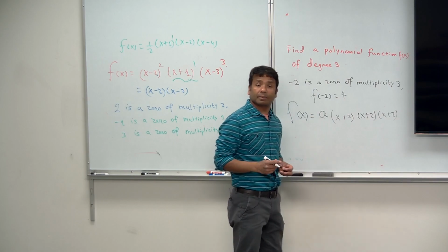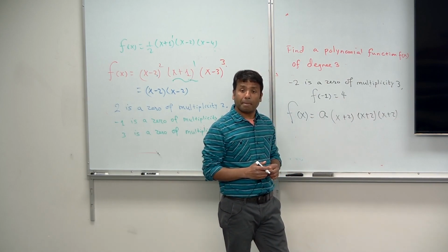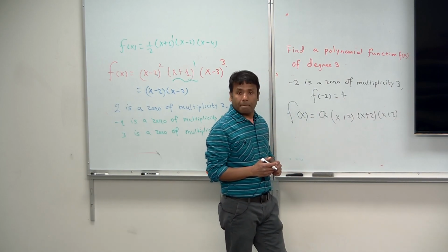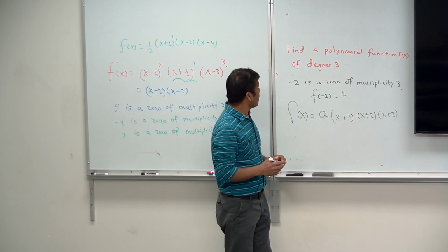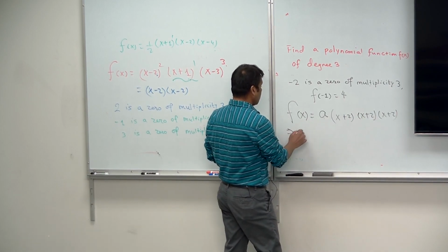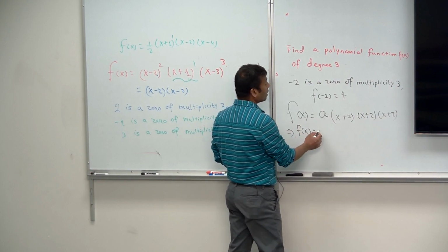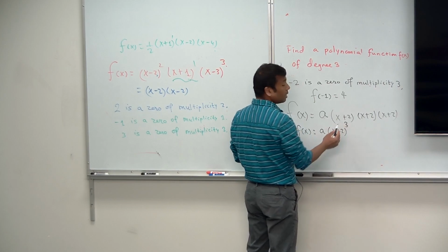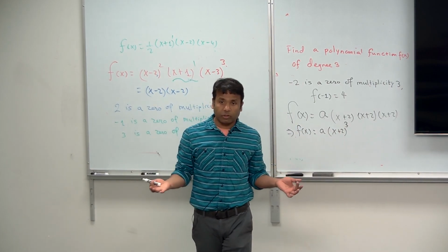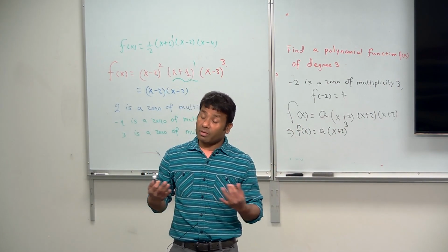Make sense? So f of x equals a times x plus 2 whole cubed, because x plus 2 is raised to the power 3.